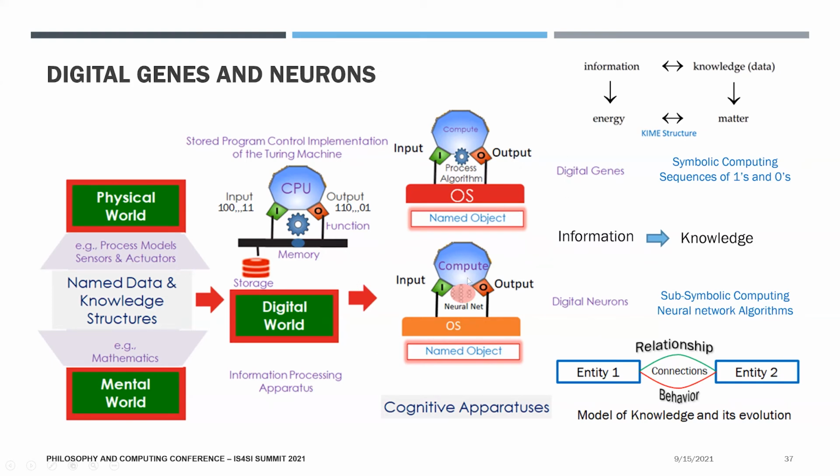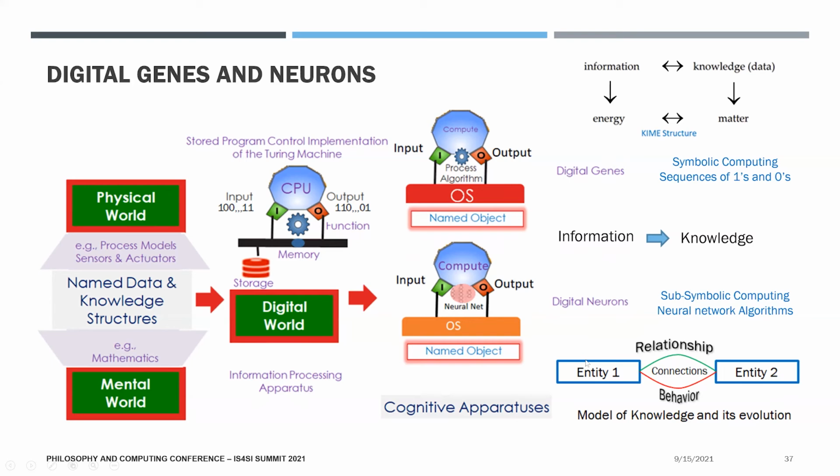And here is your neural network, and this is your digital neuron. We use these two as a cognitive apparatus to convert information into knowledge structures and process the knowledge structures. All of this provides sub-symbolic computing, and this is symbolic computing.